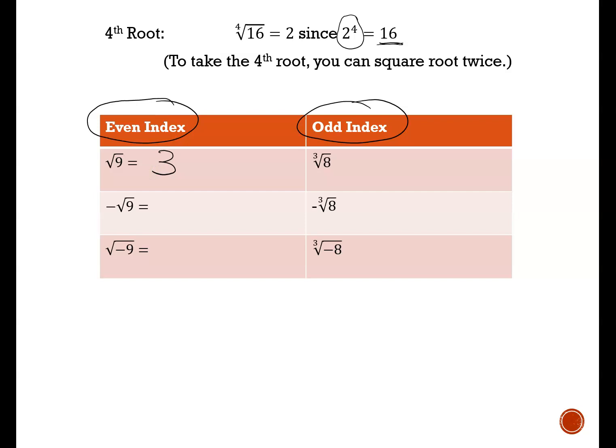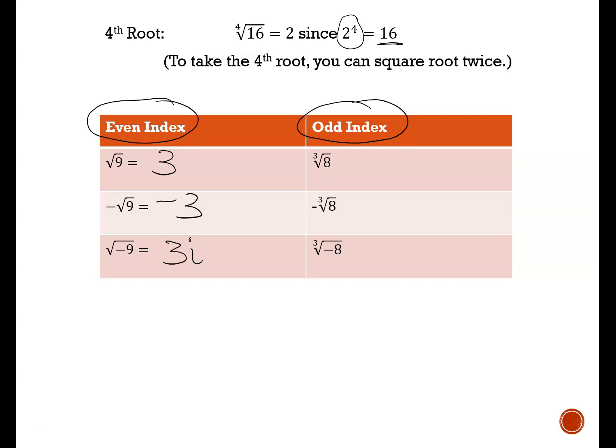If the negative is in front of the radical, we keep that negative sign. And we just learned that if the negative is underneath the square root, we write it as i. So that's how square root, fourth root, sixth root works, an even index.